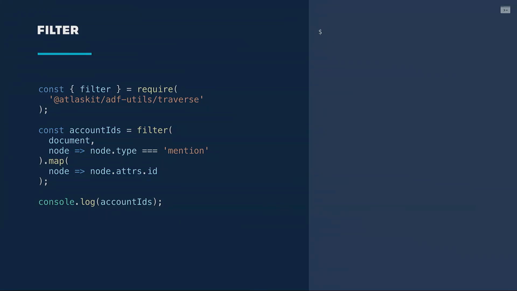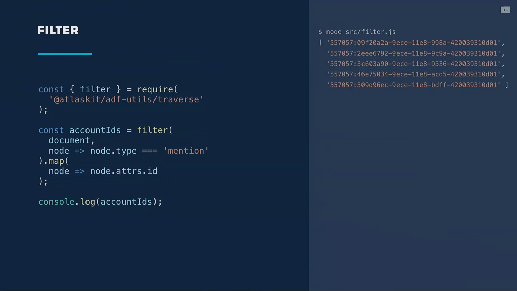In our particular case, our function just says, yeah, I accept all the nodes that are of type mention, ignore all the rest. So we end up with a list of mention nodes, and we can then use a map function to just extract the ID. If we ran that code on that long document that we've seen before, we would get this result that you see on the right.